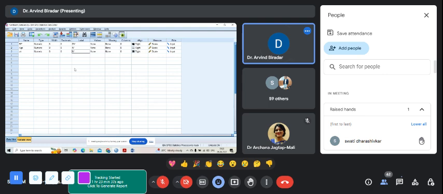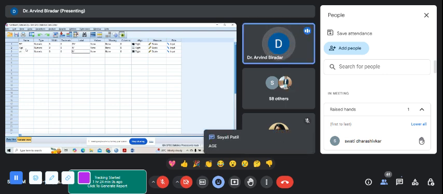Now this is a dependent variable, and age and weight are the factors. So which factor is affecting BP? Age as well as weight, if these two are correlated.